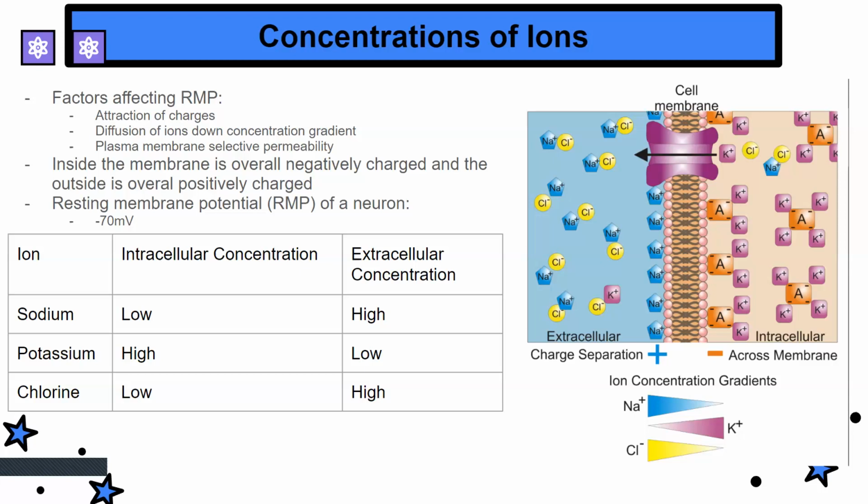That comes down to three factors. Number one, attraction of ions. In the diagram on the right, you'll see a lot of sodium in the extracellular space and a lot of potassium in the intracellular space. What keeps the potassium inside are those large anions, which are negatively charged proteins that attract the positives.